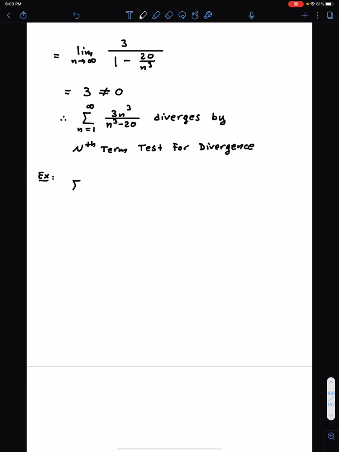Determine whether or not the series as n goes from 1 to infinity of 3 to the n divided by n cubed is convergent or divergent. So if I take a limit to infinity, I do get infinity over infinity.